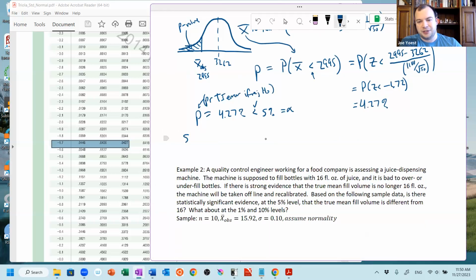So I can say now, since p less than alpha, we reject H naught in favor of H1, and we can make the claim.